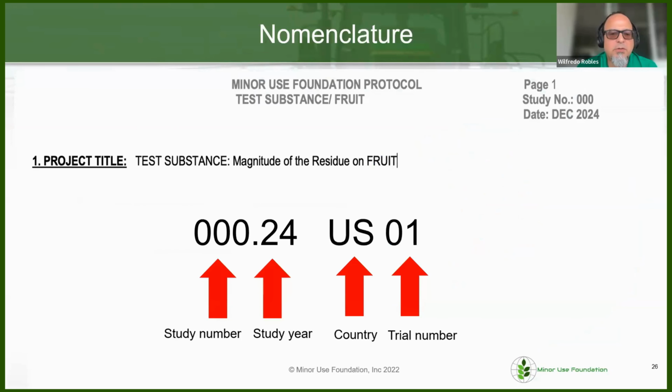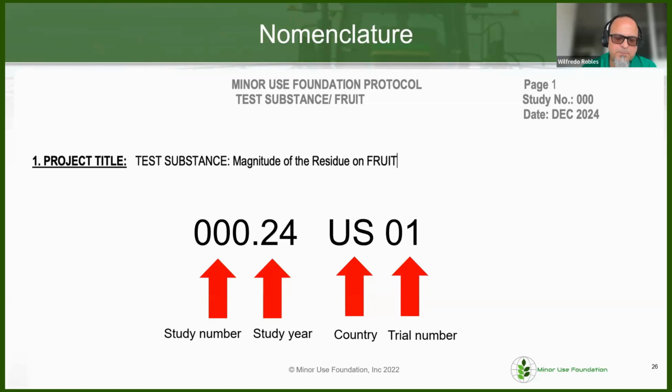Once you get the protocol, there's some nomenclature that is typically used in protocols. First, on the top right corner, you will see a study number. In this case, I put 000 as an example, and the date of issue of the protocol, December 2024. You're going to have different numbers and letters on the signed protocol.